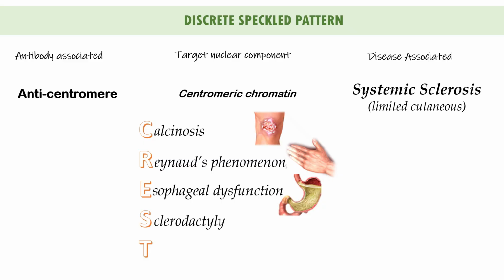We also have sclerodactyly associated to the thickening and tightening of the skin, particularly of the fingers, which gives the hands of the affected individual a claw-like appearance. Lastly, we have telangiectasia associated to the dilation of small blood vessels, particularly seen in the face.